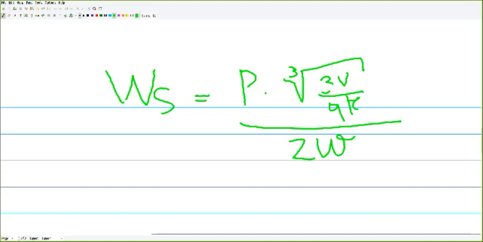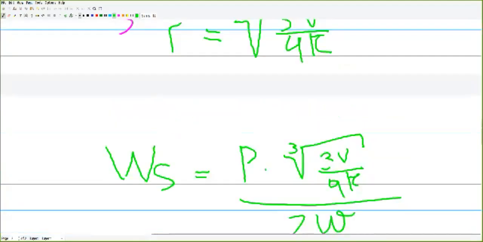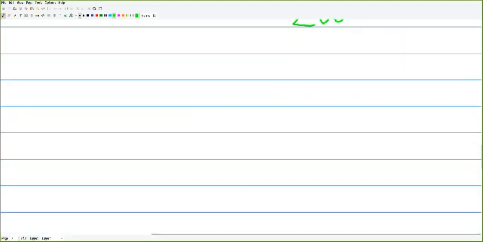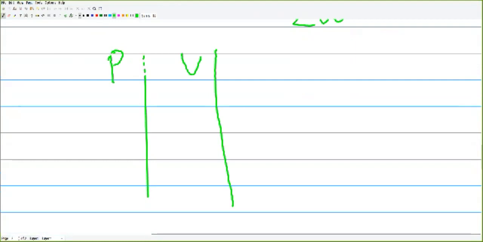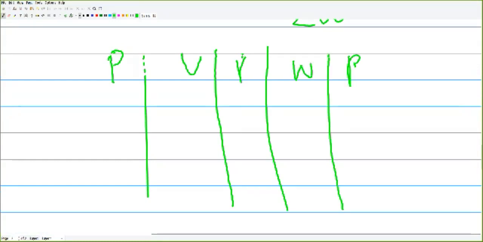So let's do an example, right? So we have pressure, we have volume, we have the radius, we have the wall thickness, and we have the total radius, right?